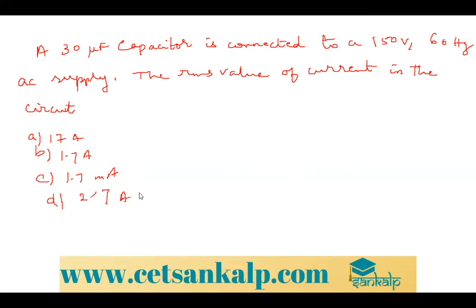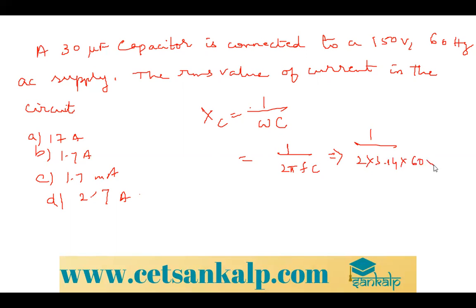If that is the case, you have the formula XC is equal to 1 by omega C. So it is 1 by 2 pi F C. If you substitute all the values, 1 divided by 2 into 3.14 into 60 into 30 microfarad.